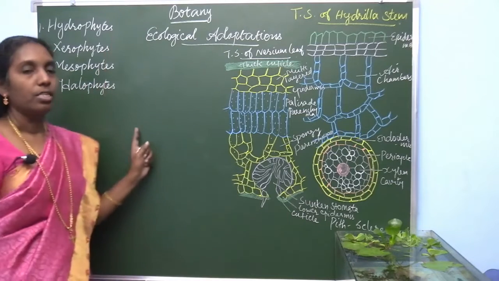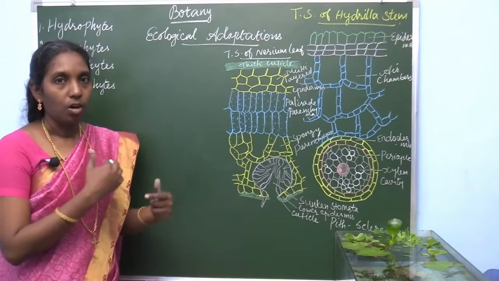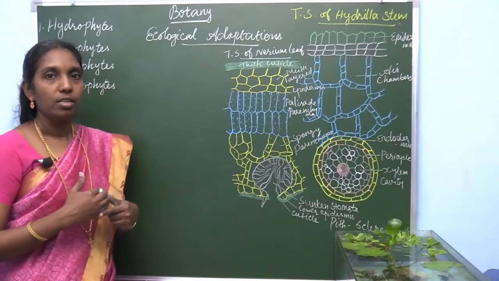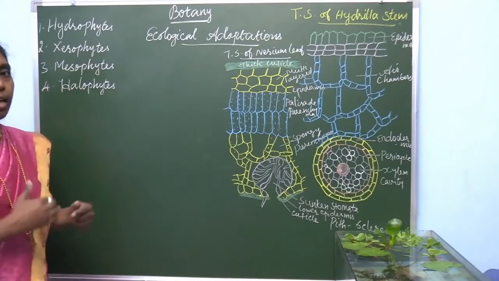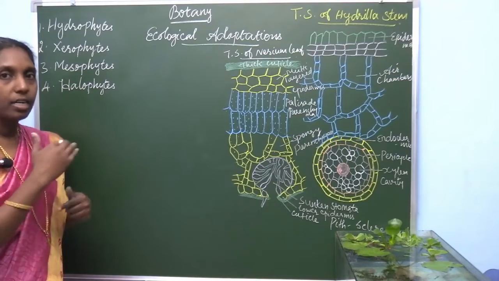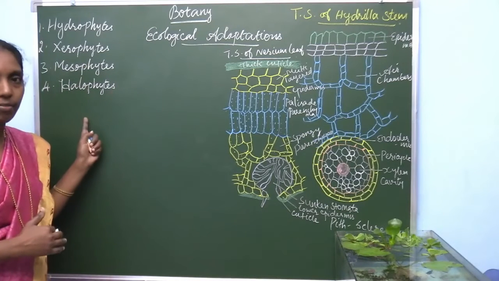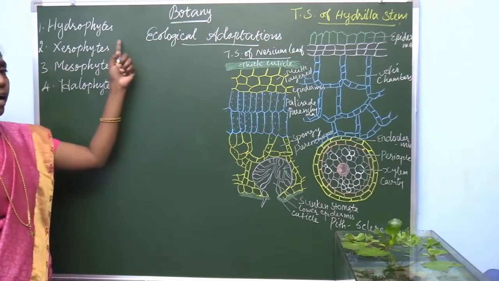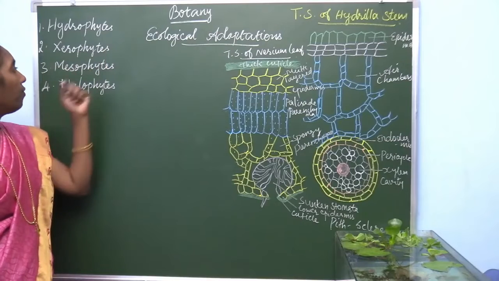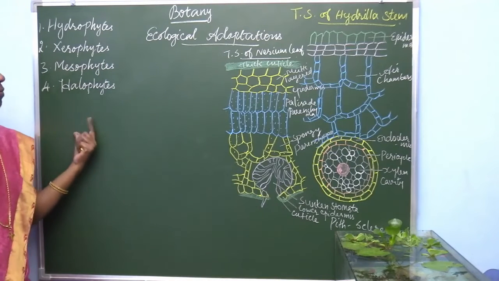This classification is based on the organism's habitat and the corresponding adaptations. Based on the habitat and the corresponding adaptations, these organisms are classified into 4 different categories: hydrophytes, xerophytes, mesophytes, and halophytes.